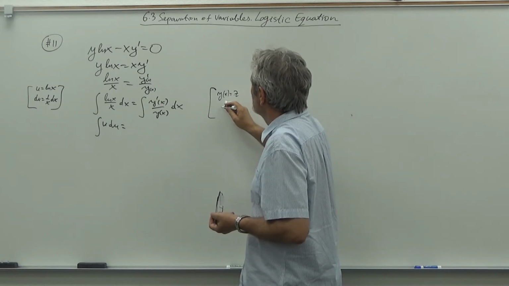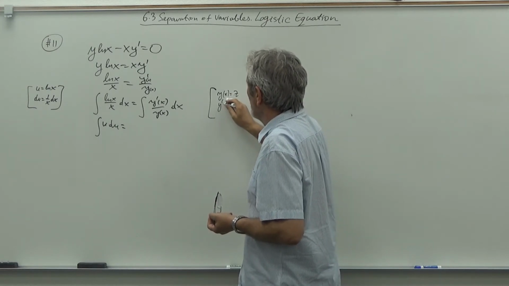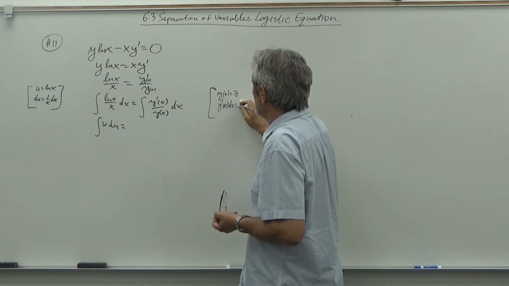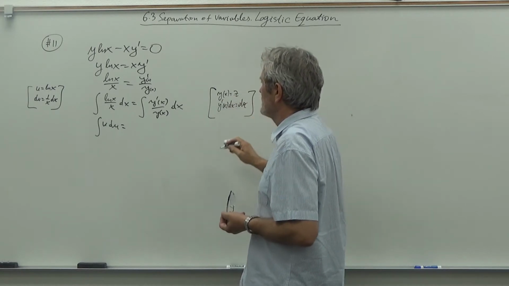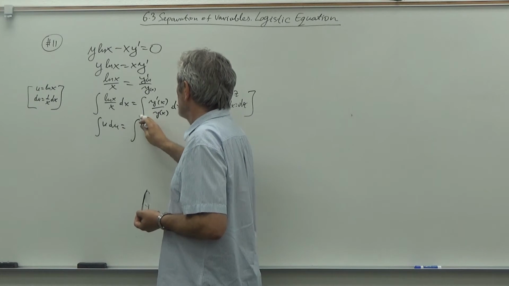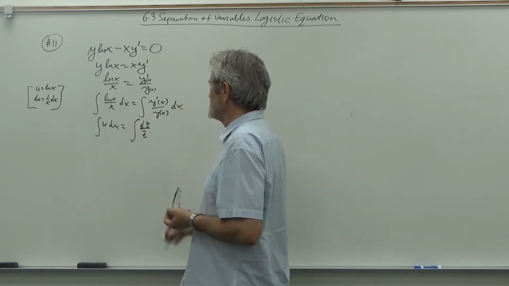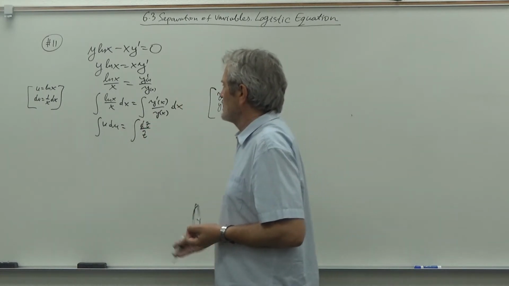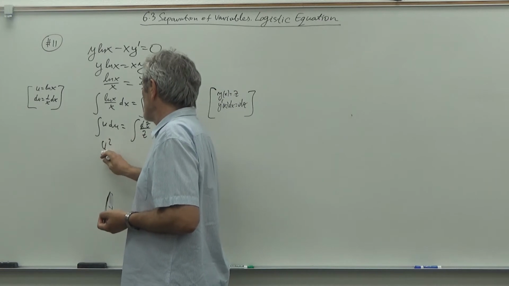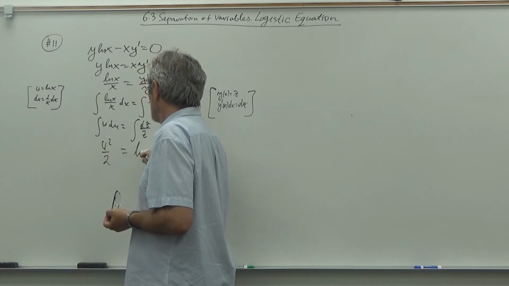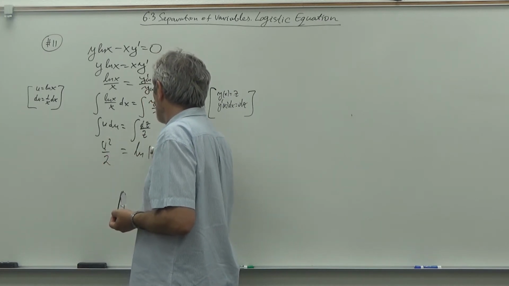So when I differentiate, I get y prime of x dx equals dz. So this is the integral of dz over z. And then we get here u squared over 2 equals ln absolute value of z.